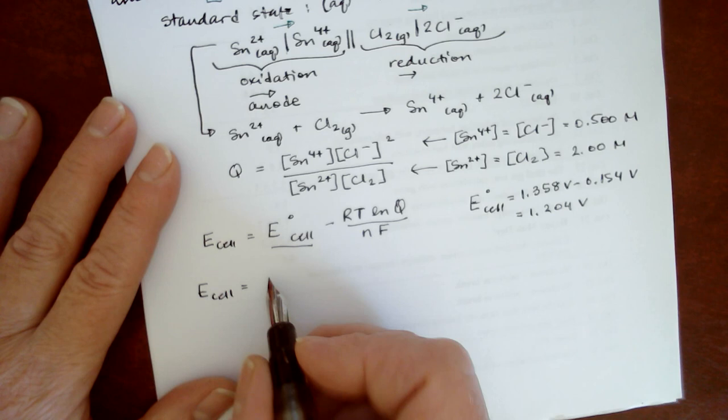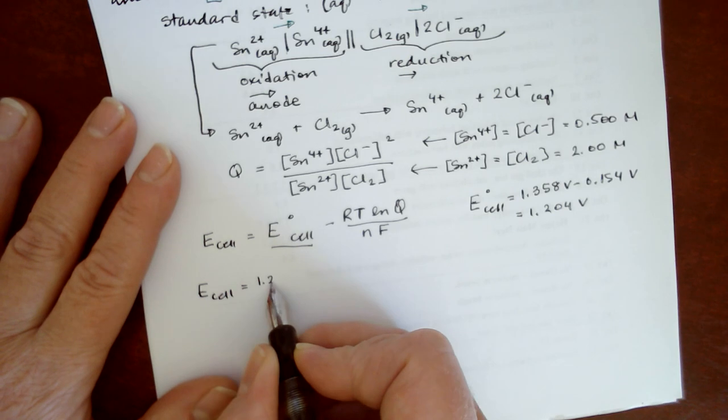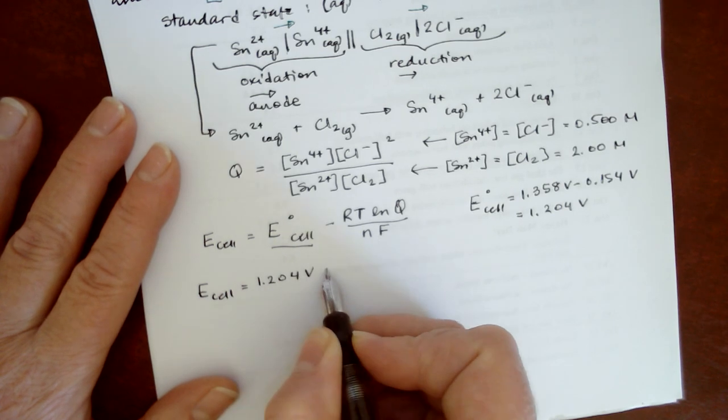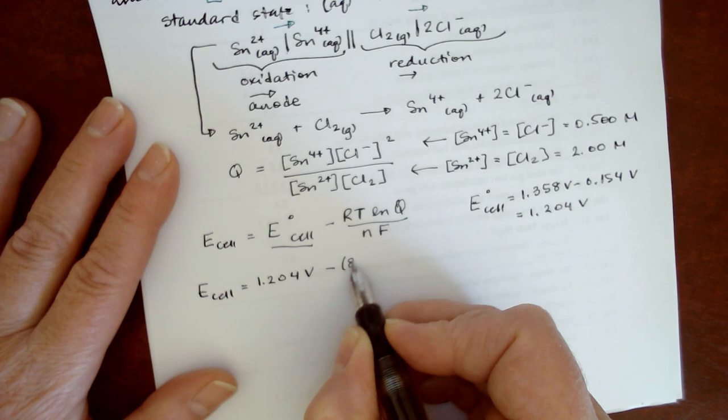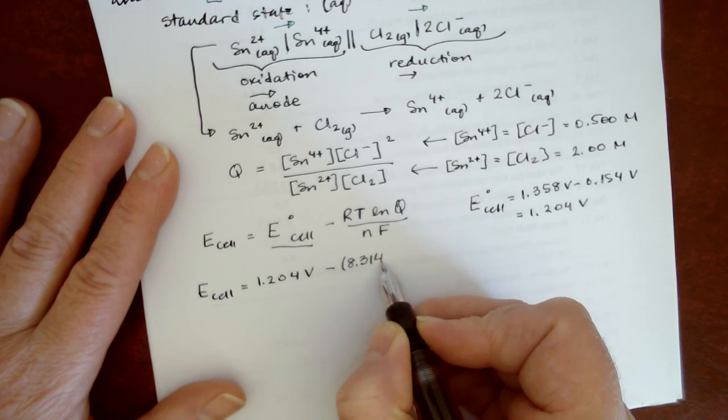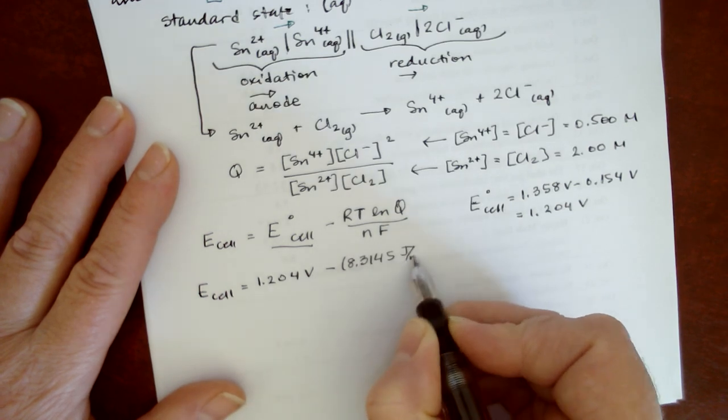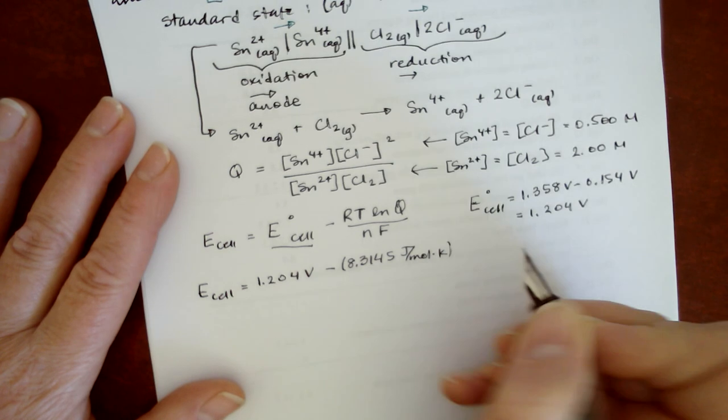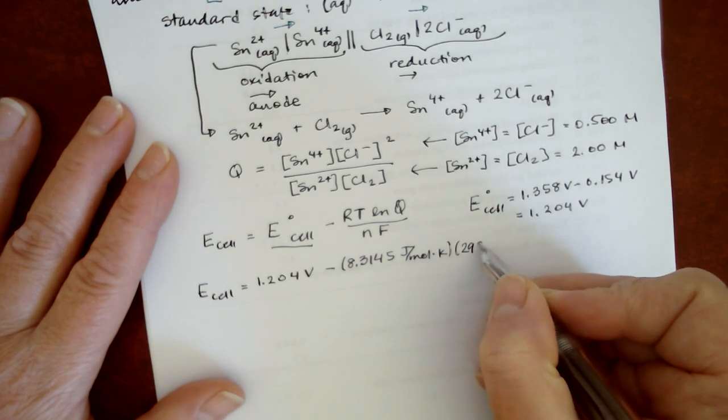So hopefully you went ahead and did that. I'm going to go ahead and put my numbers in. R will be 8.3145 joules per mole Kelvin, 298.15 Kelvin.